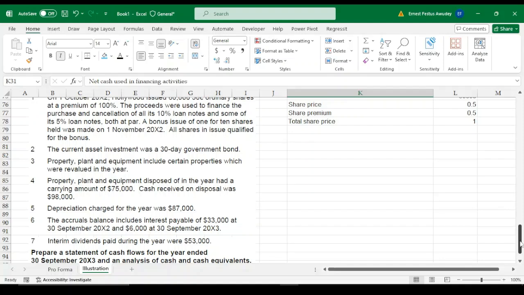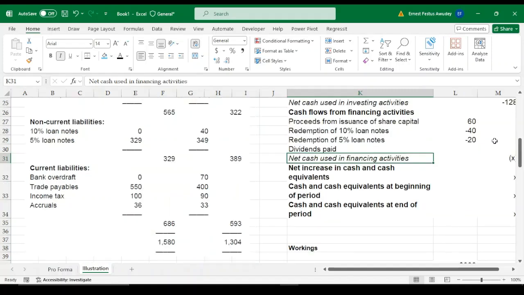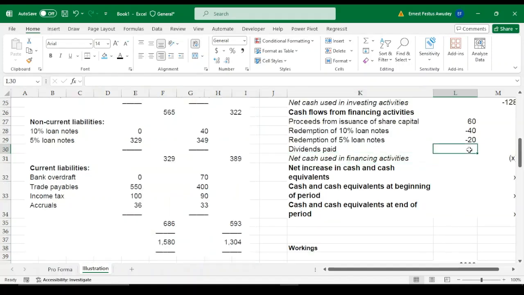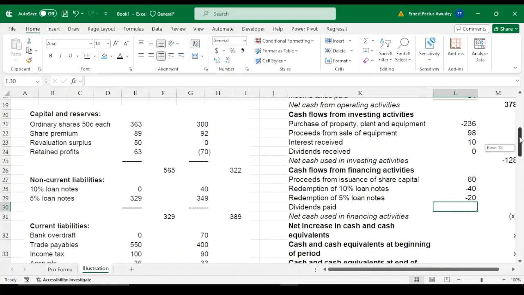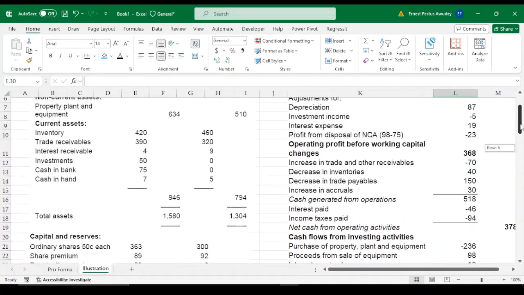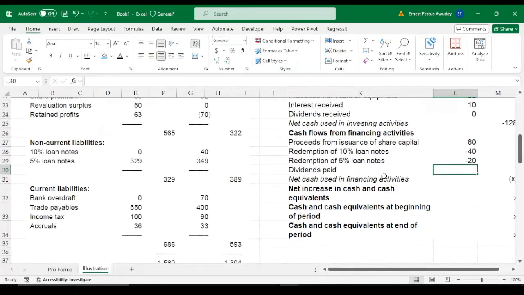Now, as I said, the dividend payment, the standard has given us the alternative of presenting it under cash flows from operating activities. Okay, but commonly it is presented under cash flows from financing activities. So I'll put dividends paid there as negative 53. That is what we have as our cash flows from financing activities.